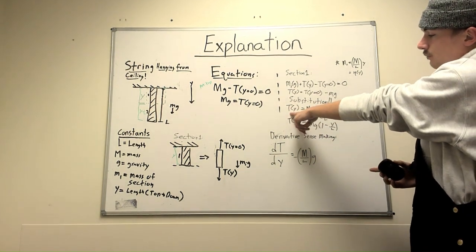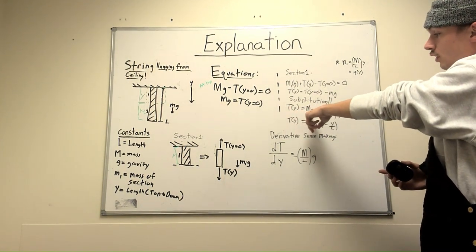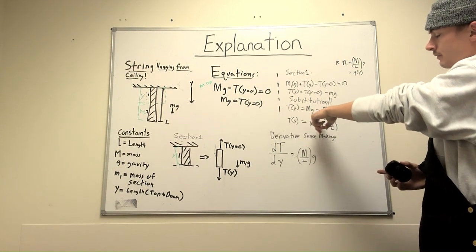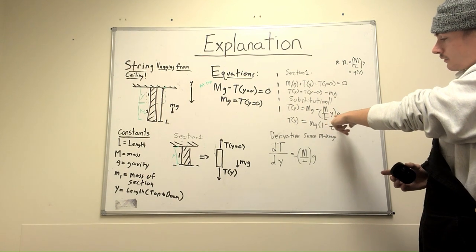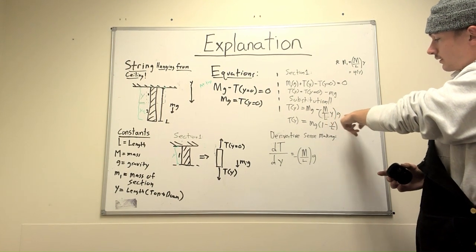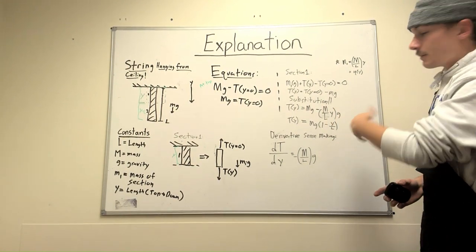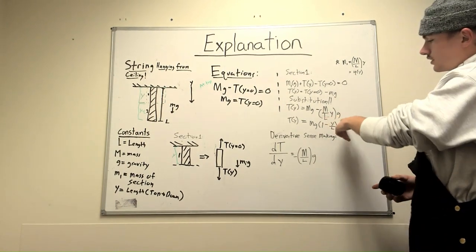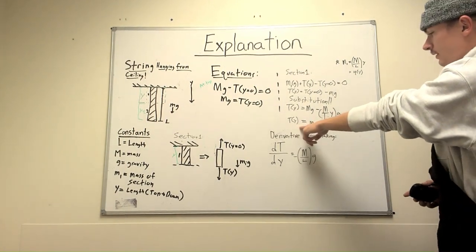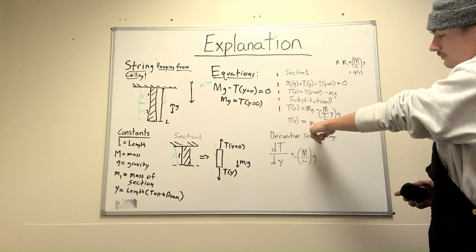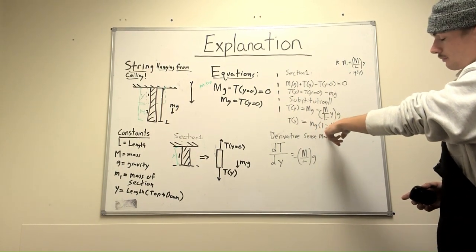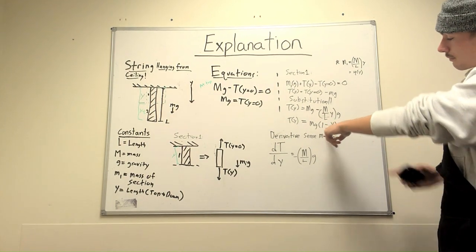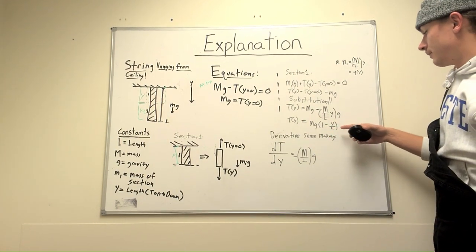So we get the tension at length y is equal to the overall mass of the string times gravity minus the overall mass of the string divided by the length of the string times the section length y times gravity. From there, we can pull out the big M and g. So our tension of y is equal to the overall mass of the string times gravity, then times in parentheses 1 minus the length of the section y divided by L.